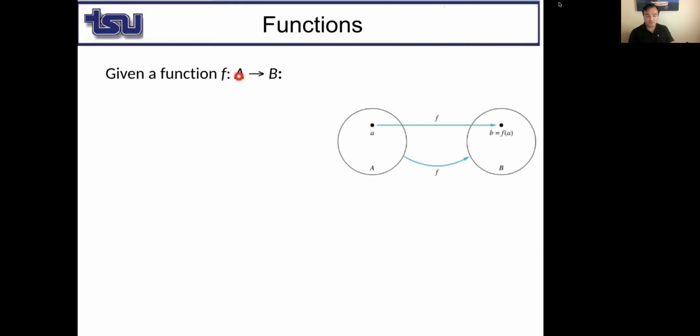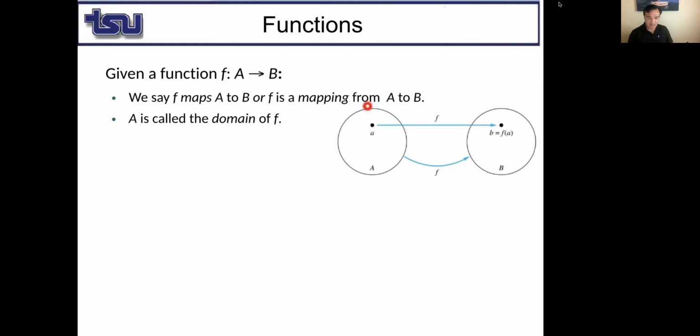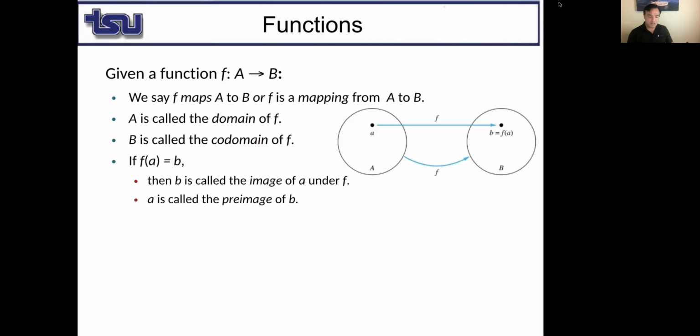Given the function f from A to B, we are going to talk about some concepts. The set A is called the domain of function f. The set B is called the codomain of f. If the function f takes a to b, b is called the image of a, and a is called the pre-image of b.